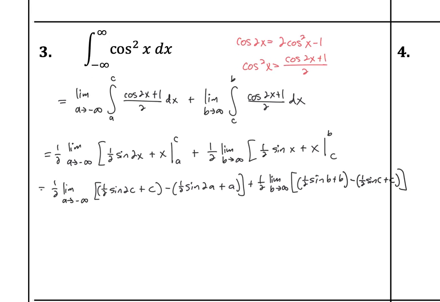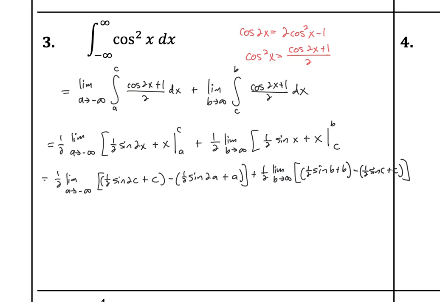Okay, so this will definitely diverge. Really, kind of all of these, they don't go to infinity, but these limits don't exist. Think about the limit of sine 2a when a goes to negative infinity. When the thing inside sine, this angle or argument, goes to negative infinity, in order for a limit to exist, it has to approach a single number. And this never approaches a number.